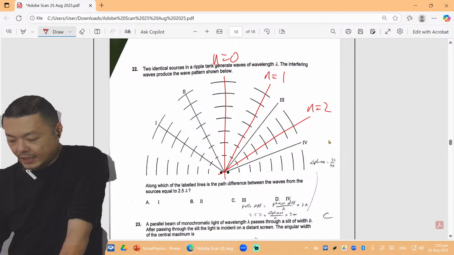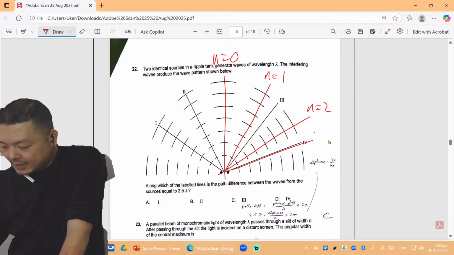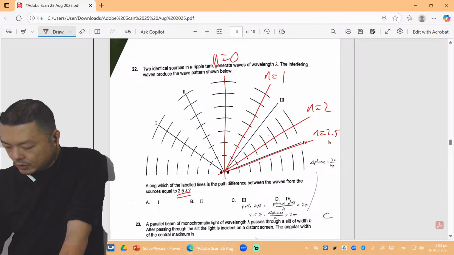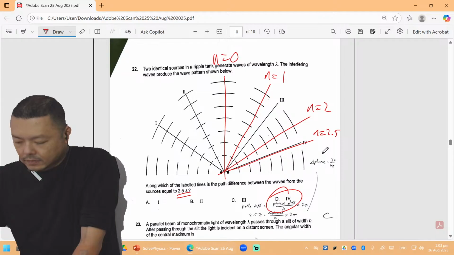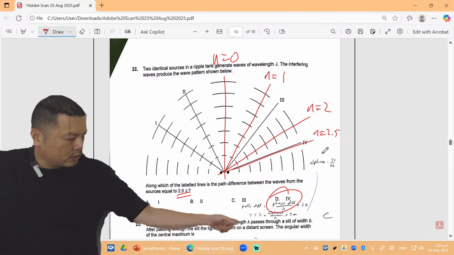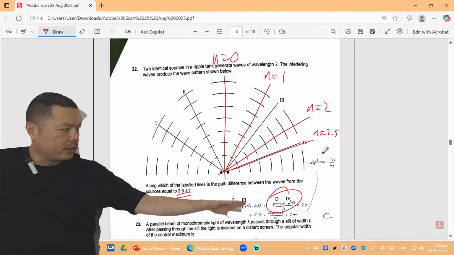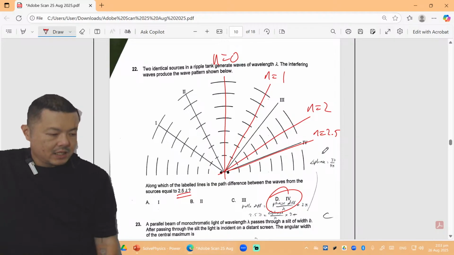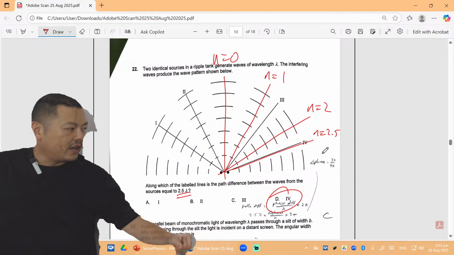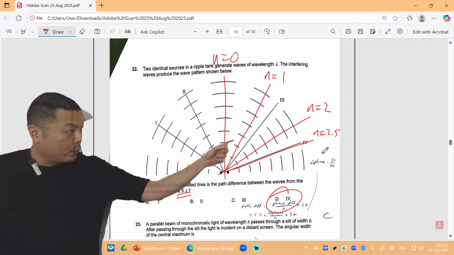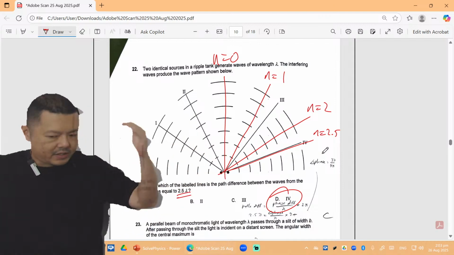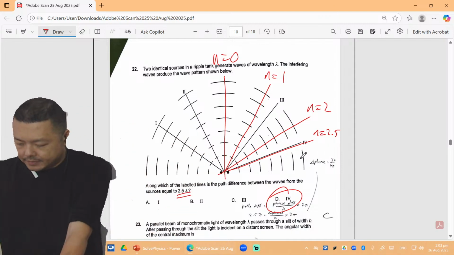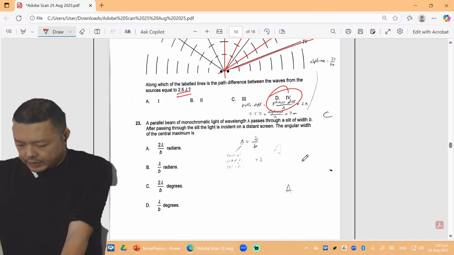Everything in between is the 0.5, so this one here is n equals 2.5. That's what they want, so 4 is the answer. For this, you will probably have to review the C3 video where I was doing this whole overlapping two waves thing.